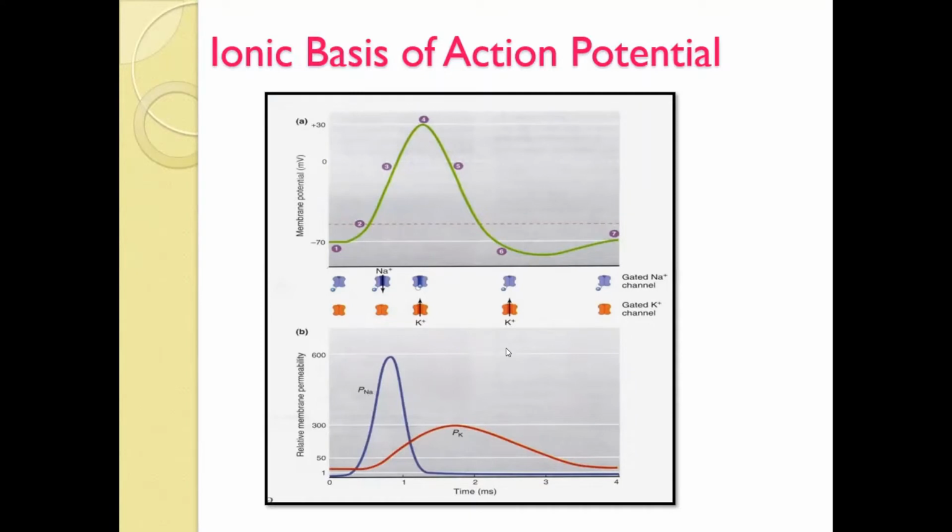So potassium will outflow from the cells to maintain what? The inside more negative and more positive outside of the cells. Potassium will continue to outflow from the cells until it reaches the resting membrane potential. So in action potential, these two gates are very important.